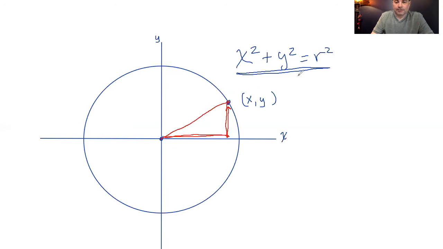So you could theoretically solve it for y or solve it for x. You could say y is equal to the square root of r squared minus x squared. Same idea. Or you could say r equals the square root of x squared plus y squared, right? Just take the square root of both sides.